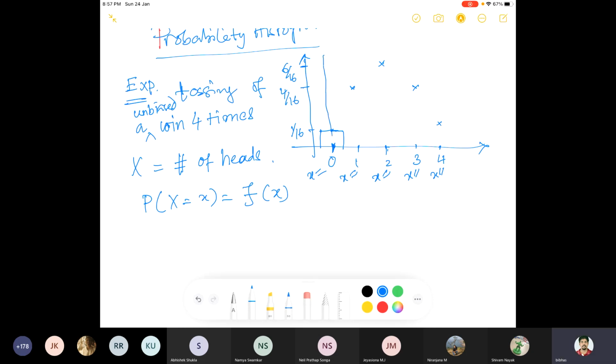Then it is from minus 0.5 to 0.5. And then for 1, we'll take 0.5 to 1.5 and so on. So we'll take a length of 1 around the possible values of x. And then we'll go like this, and then this, and so on.